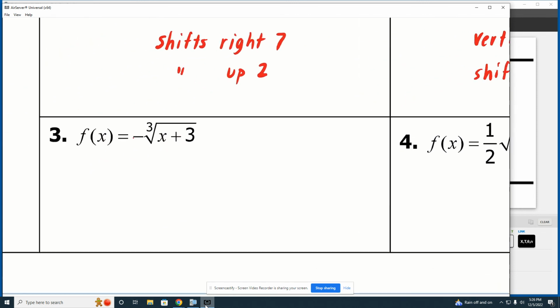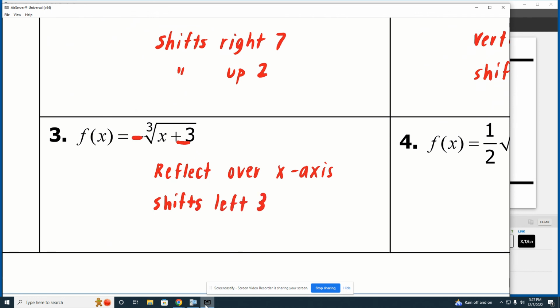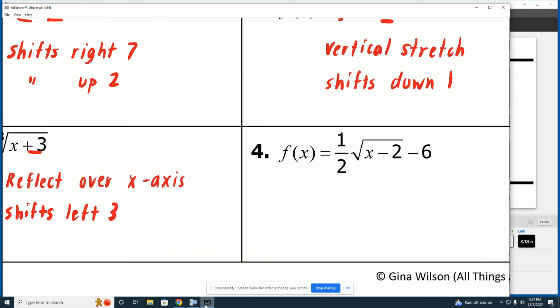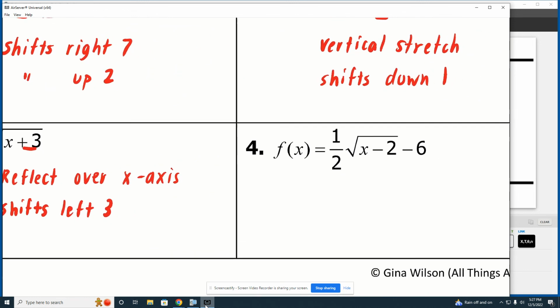Okay? Pretty easy, I hope. Look at number 3. Look, we got a negative out there. So this thing is going to reflect over the x-axis. We also got that plus 3 inside, so it's the opposite from what we might think. So it's going to shift to the left 3. Okay, over here to number 4, we got that 1/2 out there.